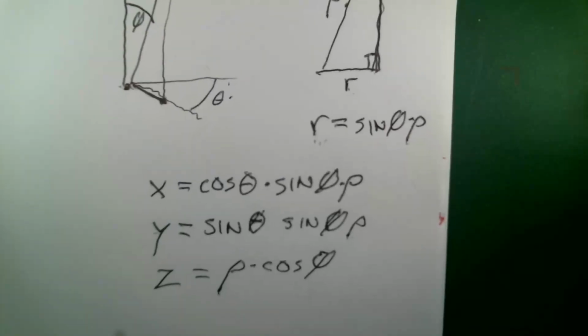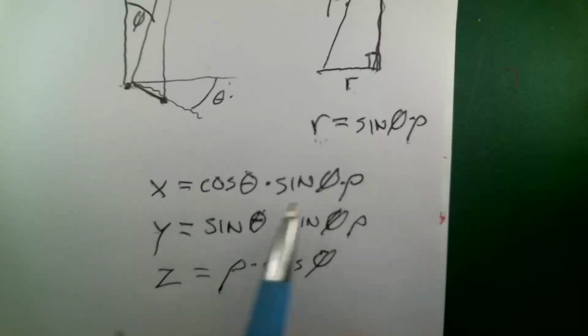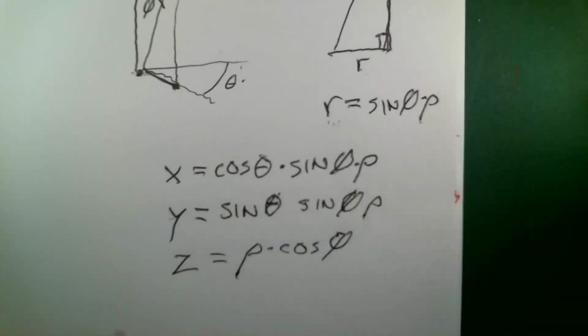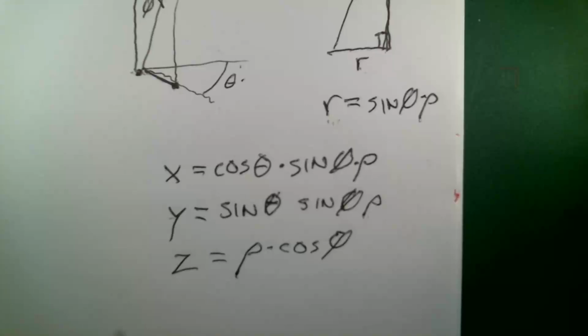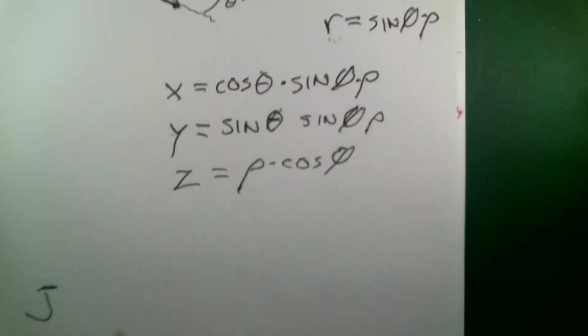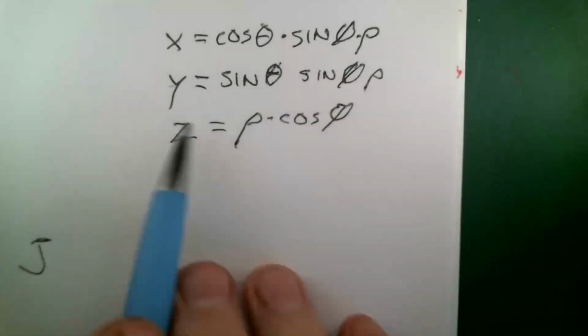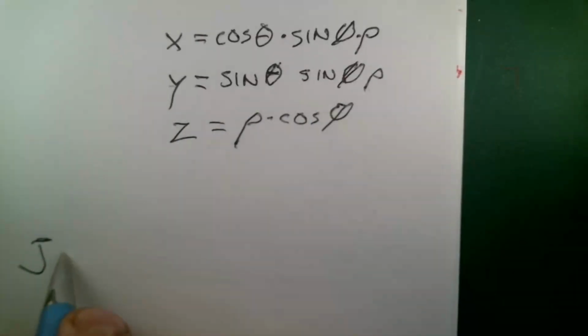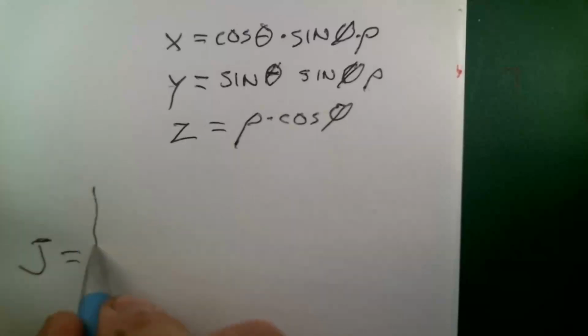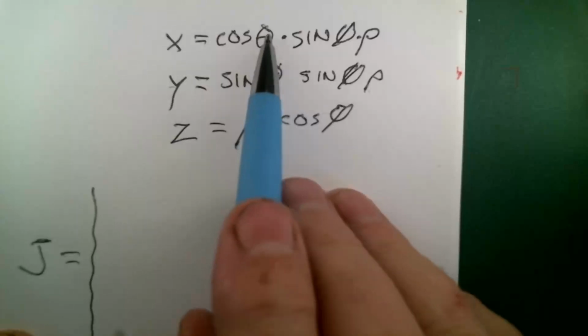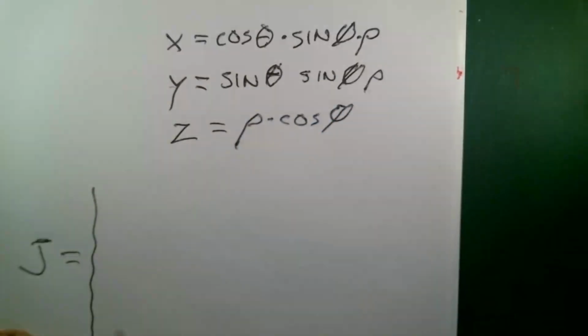Can we work out what the partials are with respect to theta, phi, and rho? Let me give you the Jacobian matrix here. I can write it. I don't know if I can keep the formulas on the screen and write the Jacobian matrix at the same time. Okay, what order were we doing the variables in? I'm going to take it in the same order we're seeing them. Theta, phi, rho.